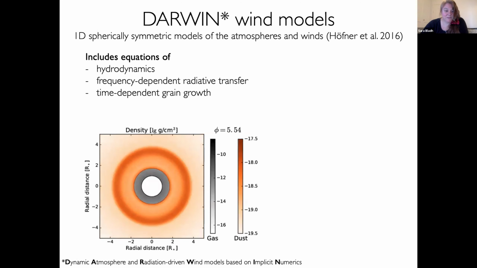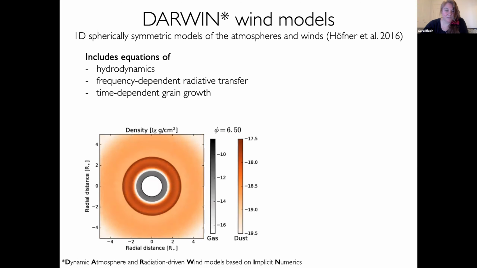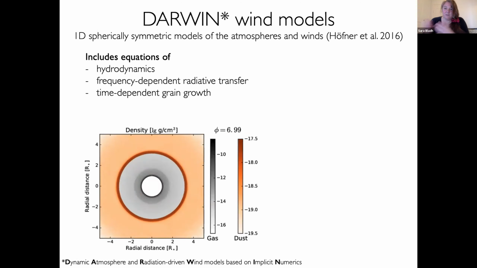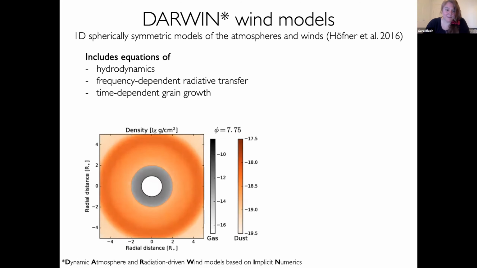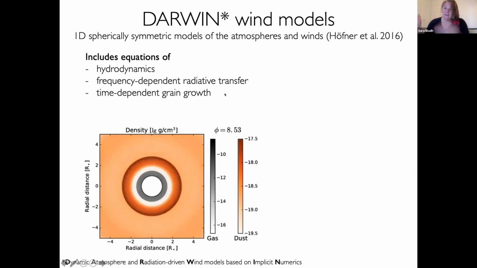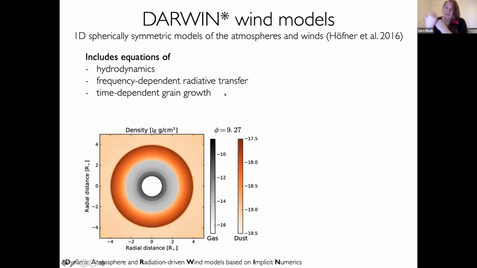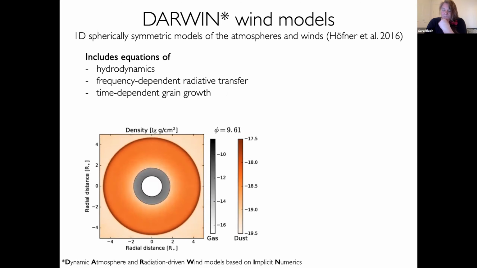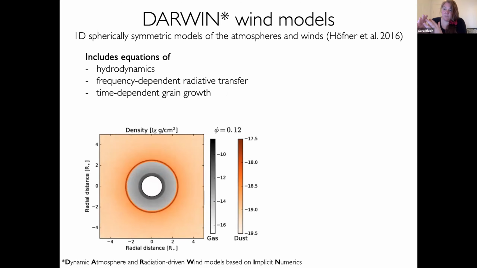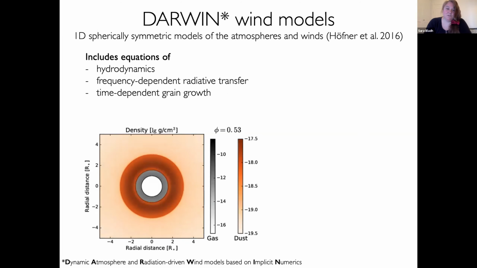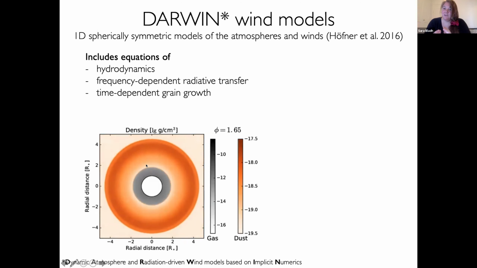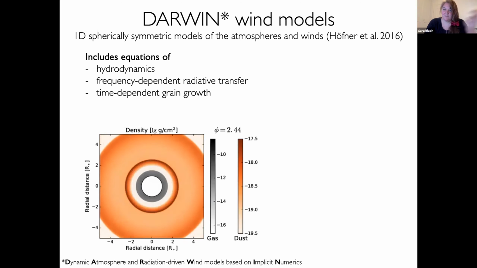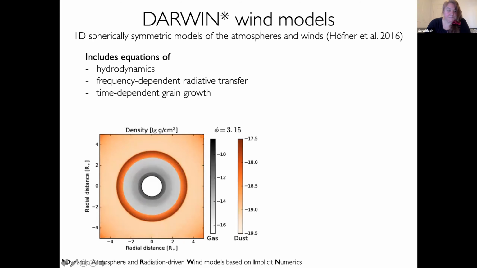So here you actually see what I was trying to explain in the previous plot: the gas is lifted outwards and compressed, and then the star contracts, and the temperature drops. And that's when dust starts to form.